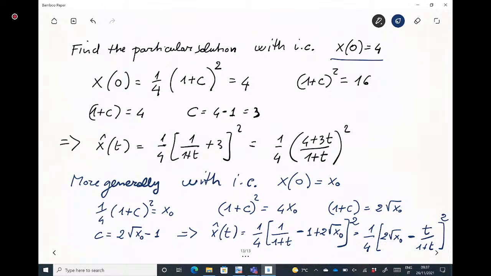Now, next step, how can I check the validity of my solution? Of course, we already checked that x at time 0 is equal to x0, but let me check that my expression satisfies the differential equation. So it will be useful to write this in this way. So, check the solution.